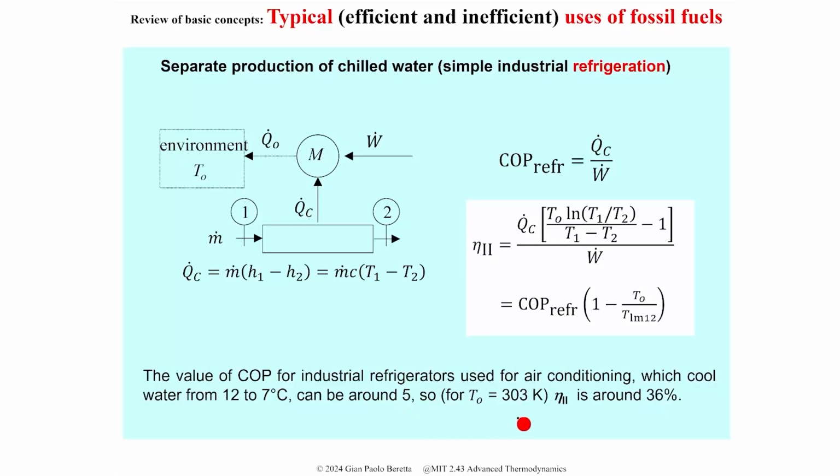You multiply by the Carnot coefficient for those temperatures at an outside temperature of 30 degrees C. And you get a second law efficiency of 36%. Not bad. At least compared with heating, it seems that with cooling, we're doing better.